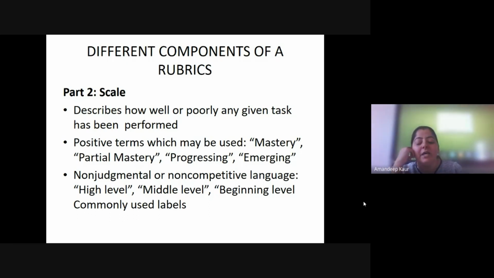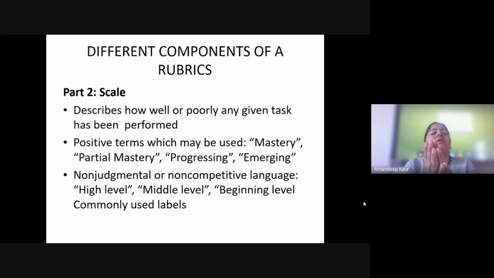So performance expectation is subjective. When I'm saying mastery, high level, or excellence, it is as per the level of the student. Maybe at departmental level, presentation skill is one rubric sheet that we have prepared, and the scale decided is excellent, good, average, needs improvement.